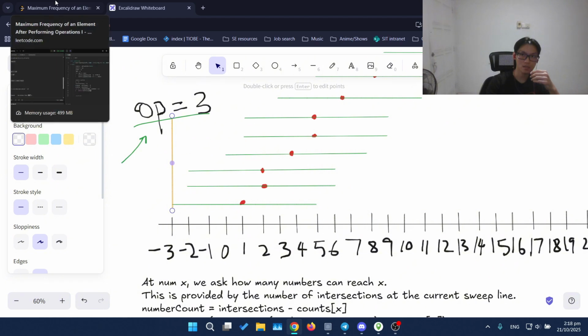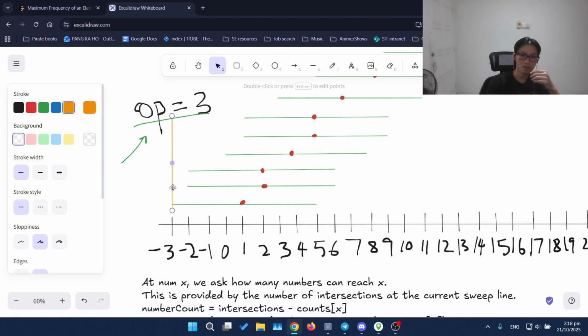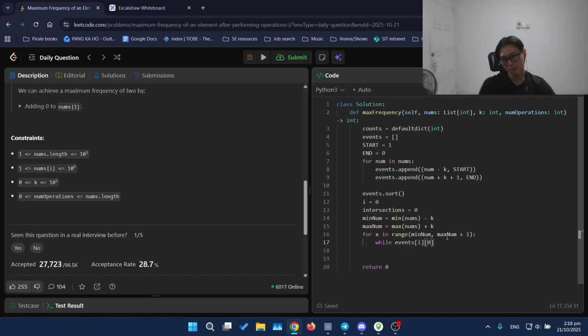So when x is less than or equal to events of i, okay, less than or equal.